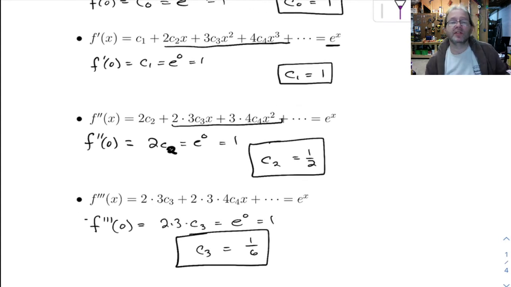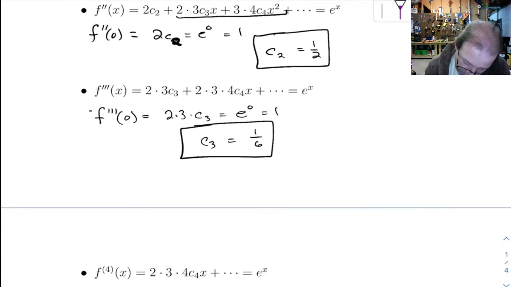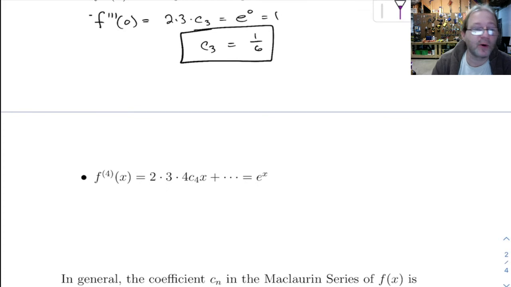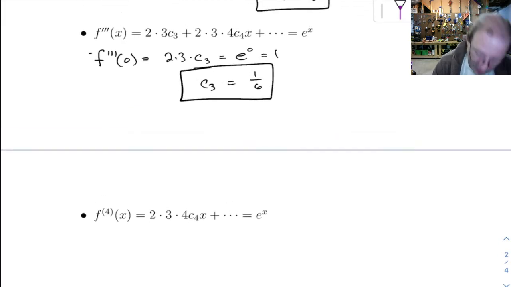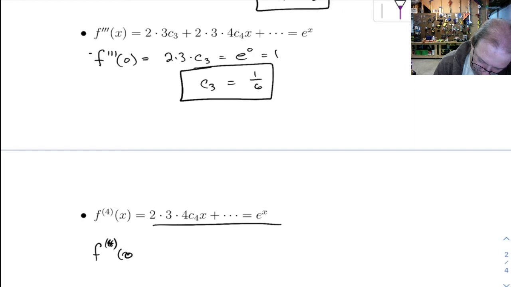And we can keep doing this as long as we want to. I've got one more, so let's do it. If we take the derivative again, we get the fourth derivative is this. If you plug in 0 for this, you get 2 times 3 times 4, that's 24.